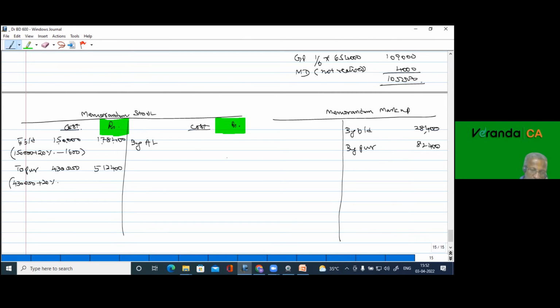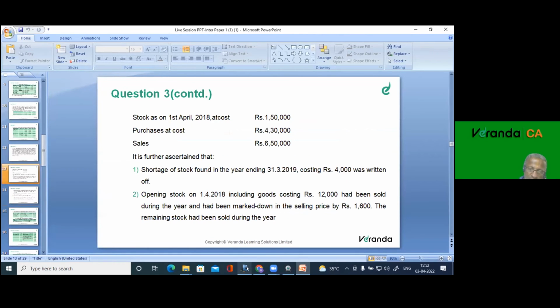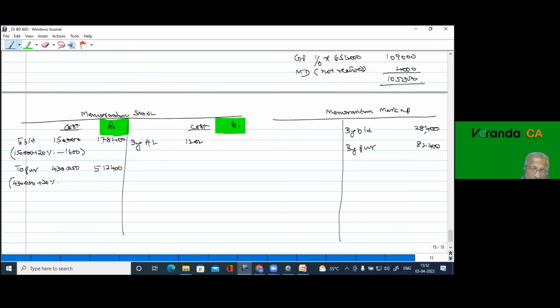By abnormal loss. Costing 12,000 they lost. 12,000 plus 20% is 14,400 to abnormal loss, 2,400 markup.